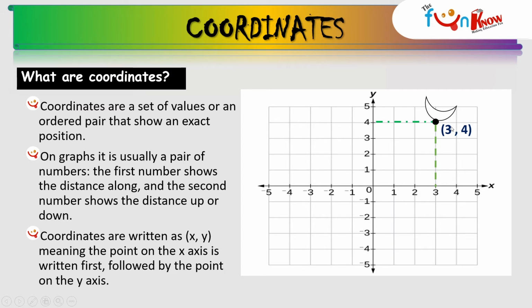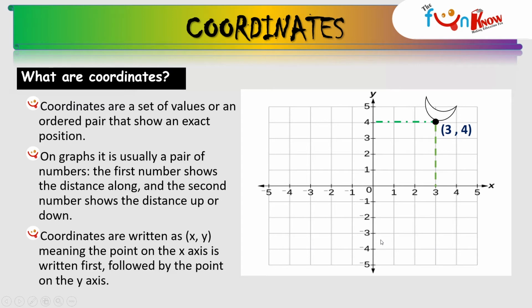And in a coordinate, the first number itself says that this number will be represented on the x-axis and the second number will be represented on the y-axis.